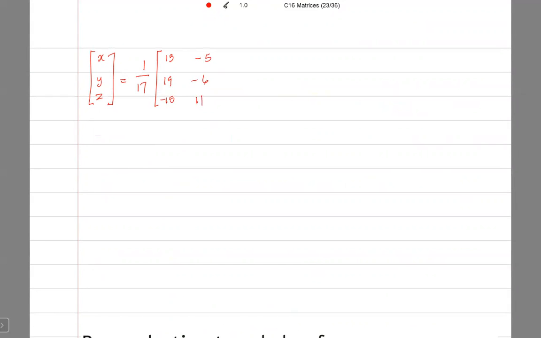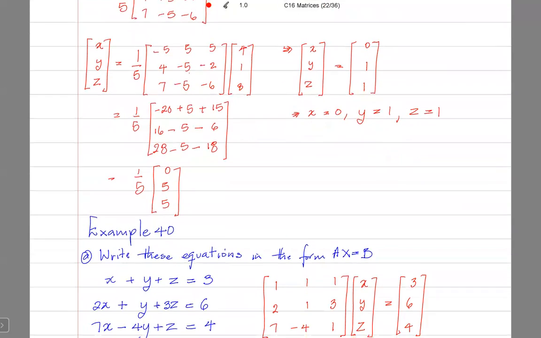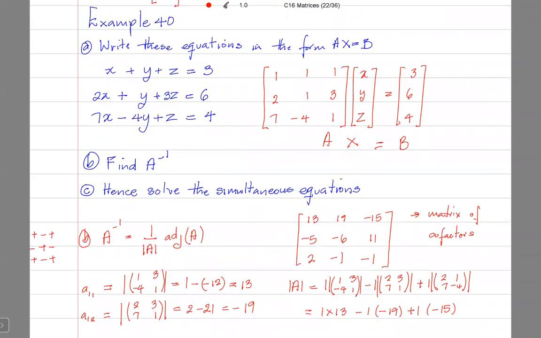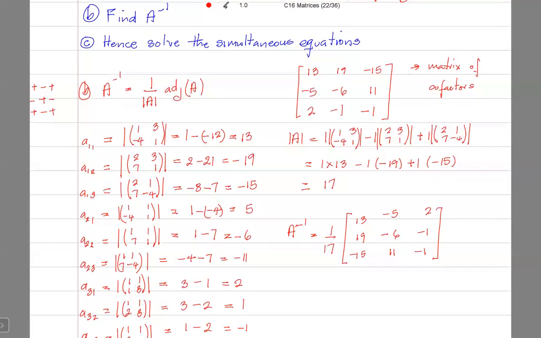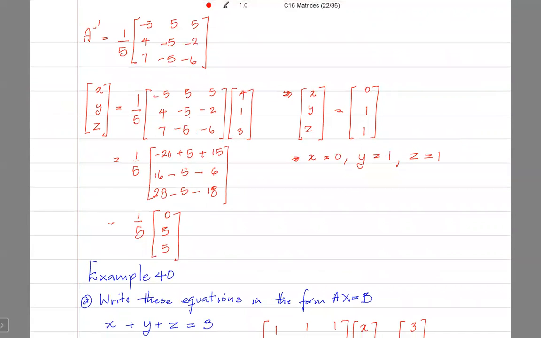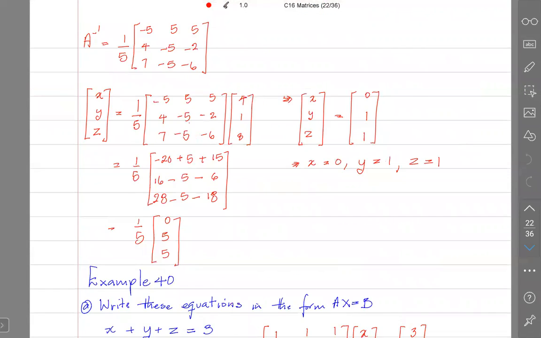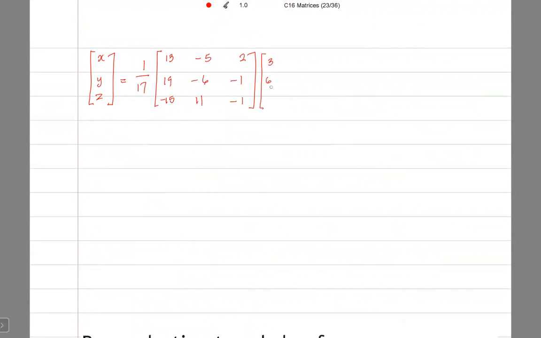Everything you have to double check. You want to make sure you're not writing down something incorrectly. You're going to multiply by b, and b is 3, 6, 4.